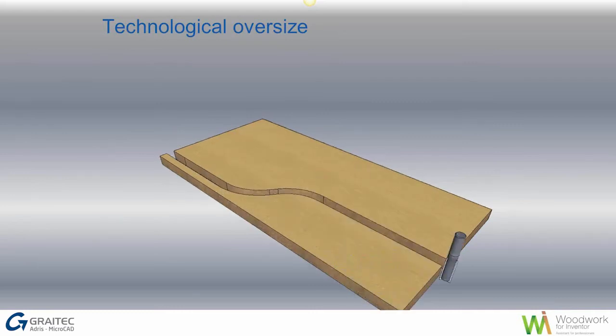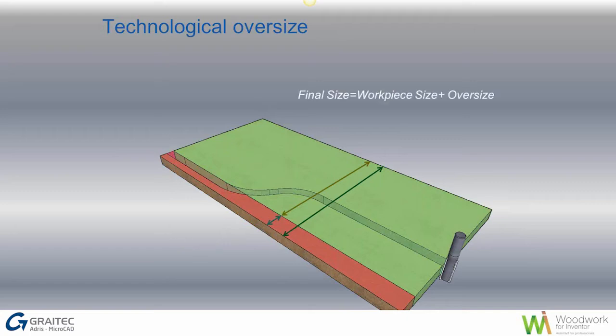You're routing something out, you don't want your router coming straight into a flat board, you want a bit of board for it to give a nice smooth finish. So that's the size of your final piece, there's your oversize, and then you have your final finish size. Woodwork for Inventor has a capability built into that to allow you to calculate that and put it into your model and your bill of materials.